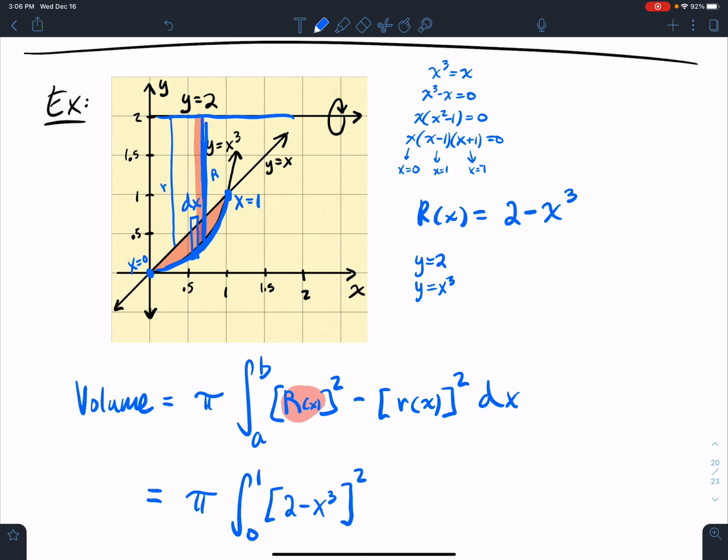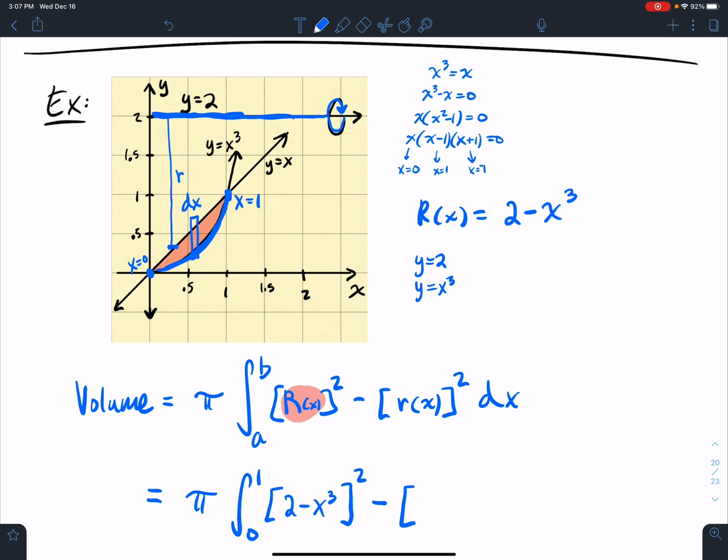And then the next one, the little radius. The little radius is the distance from the axis we're revolving about, y equals 2, to the inside curve.